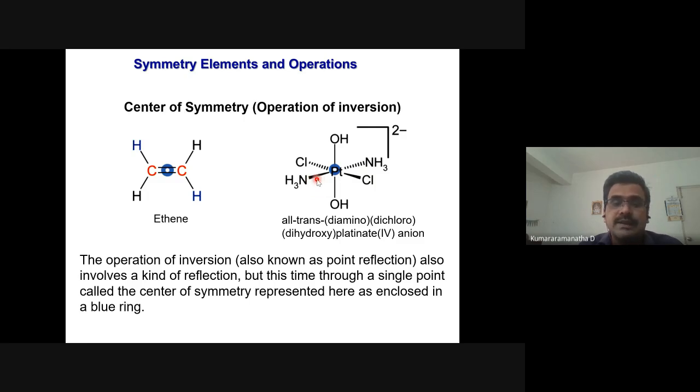You can easily see that if you do this, the chlorine going away and the chlorine coming towards you are inverted. So the point reflection of chlorine is here. The amine point reflection is here. For hydroxyl, the point reflection is here. So this blue ring is referred to as the operation of inversion.